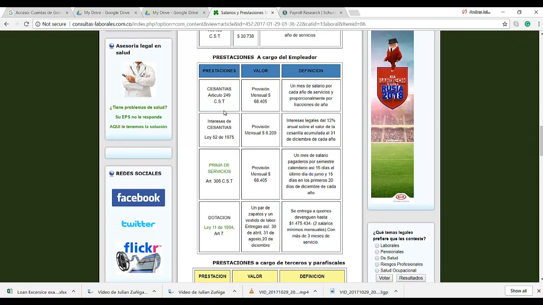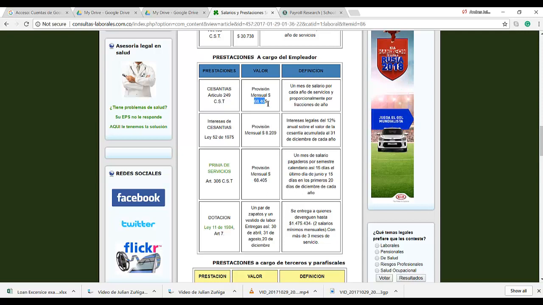The thing is that las cesantías, you have to deposit this money in a fund twice a year. And there are some very special days where you have to make those deposits, okay? And there is some interest on those cesantías, which is 12% a year on the value of whatever the person has in their fund, okay? And it is whatever you get by December 31st of every year, okay?